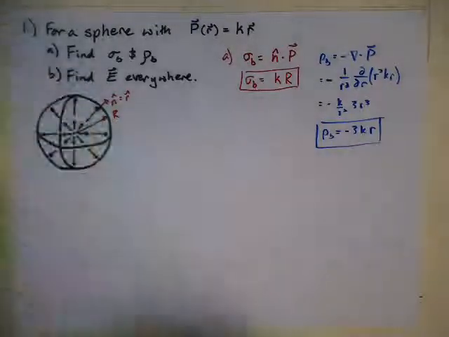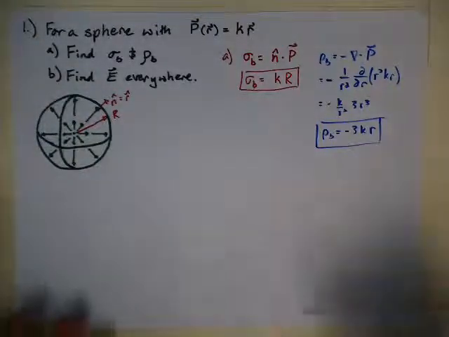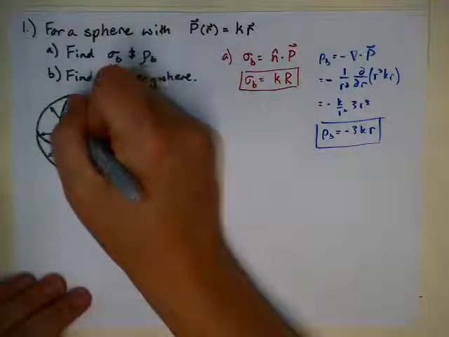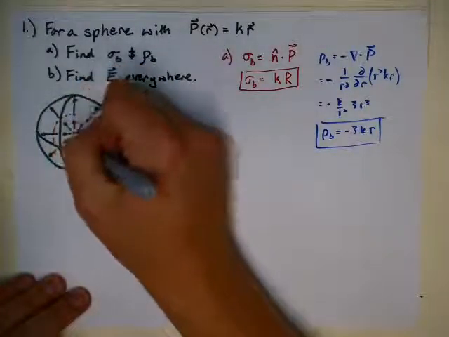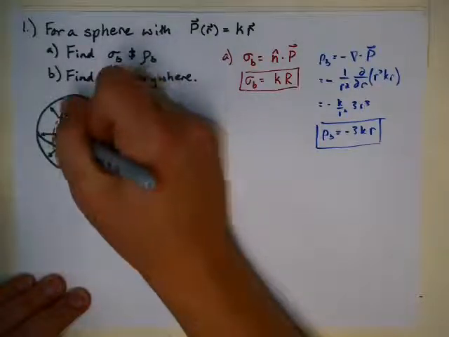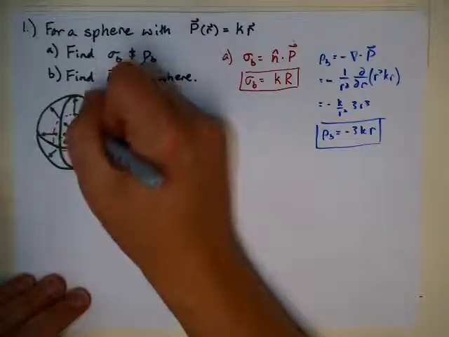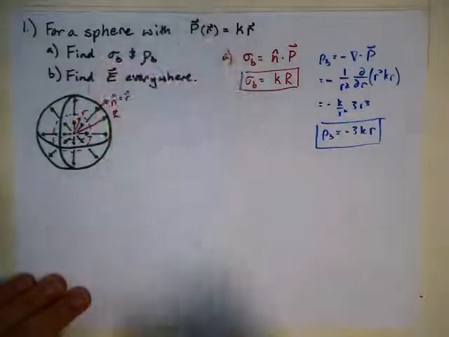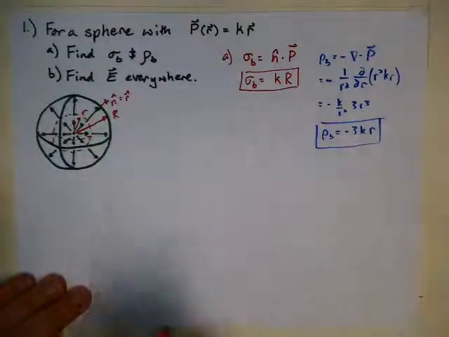Now, to find the electric field, we're going to use Gauss's law. Gauss's law, if we remember, is that we draw a Gaussian surface, and in a spherically symmetric case, we're going to draw a sphere with radius little r.